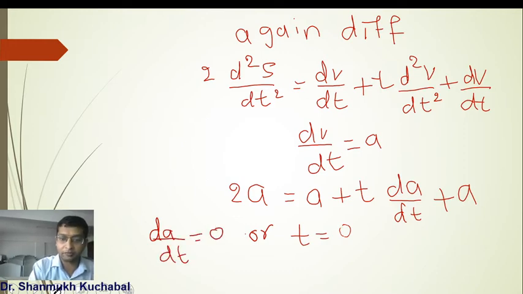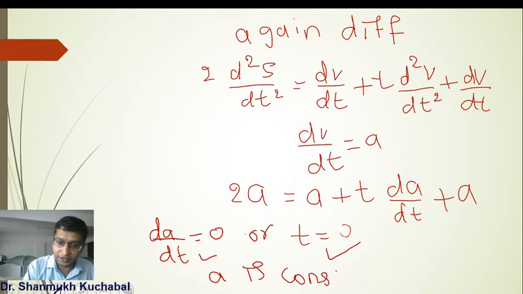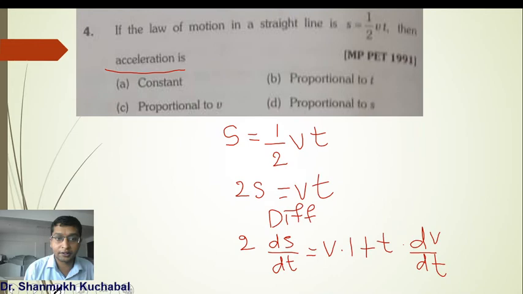What we observe, 2a and this 2a get cancelled, we get t into da by dt equal to 0. So either first factor equal to 0 or second factor equal to 0. So t equal to 0, it is not possible. da by dt equal to 0 means a is constant, because constant differentiation is 0. Therefore yes, a is constant.